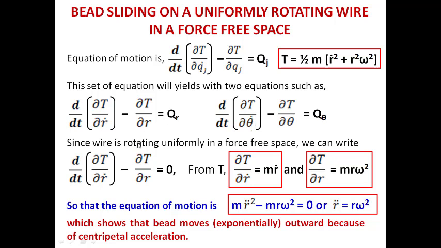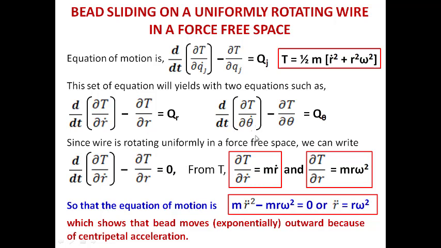Basically the bead is moving uniformly on the circular wire in a force-free environment, so the second part is neglected. We consider the equation of motion with respect to the radial coordinate alone: d by dt of dou T by dou r prime minus dou T by dou r equals 0, because it's a force-free environment.